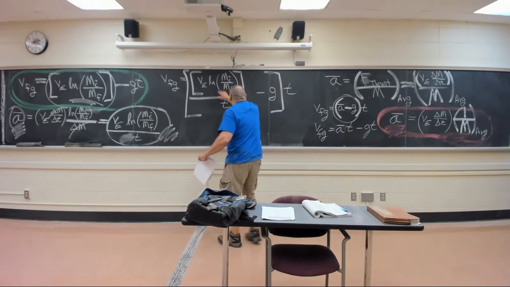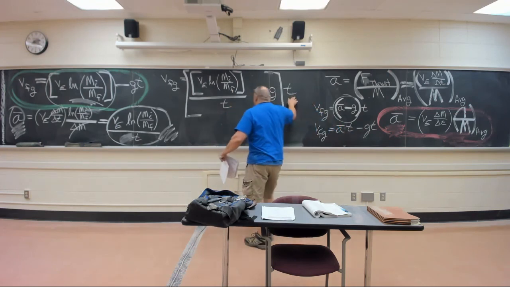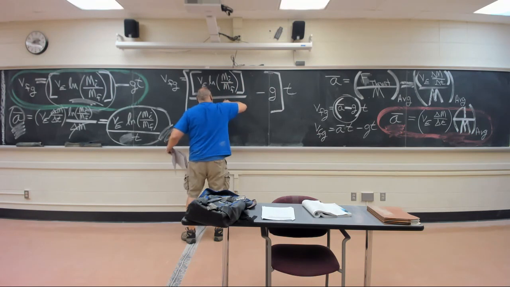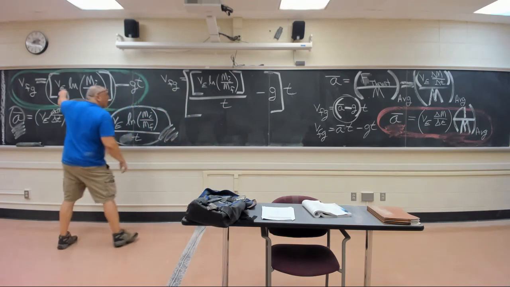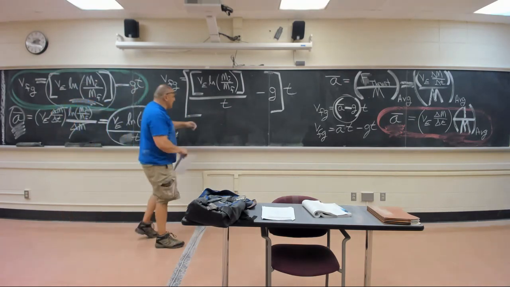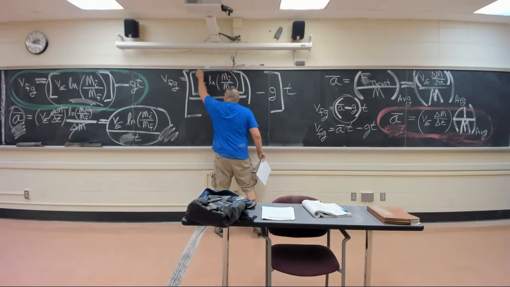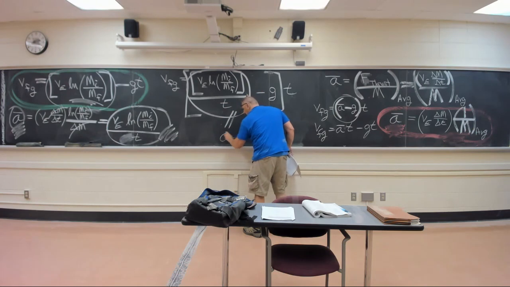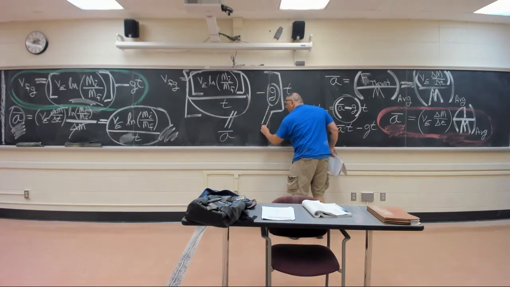T times this, distribute the T. T times all this divided by T, which has a T on the bottom, the T's cancel, you got that. Then you're here. This is the average acceleration. That's G.